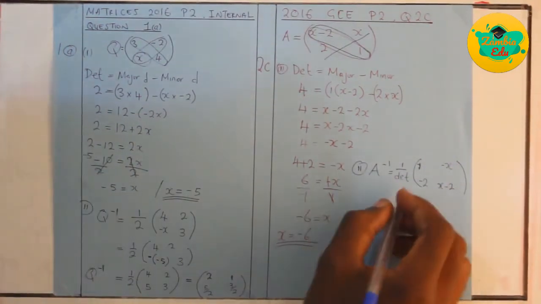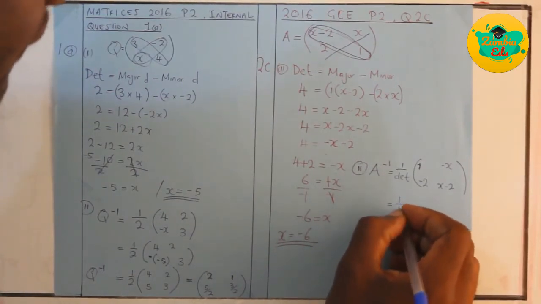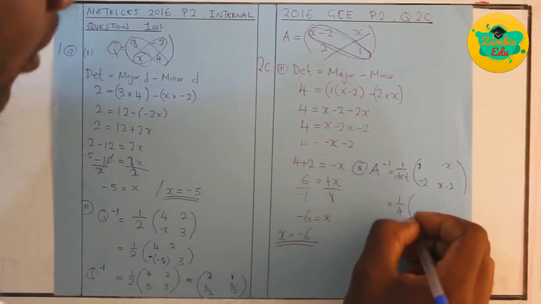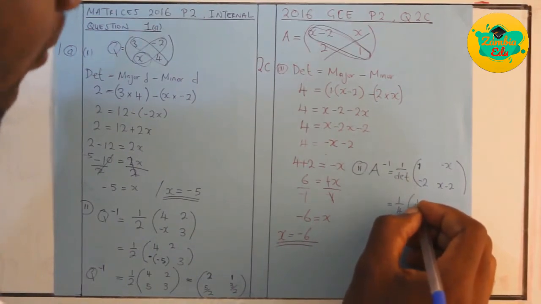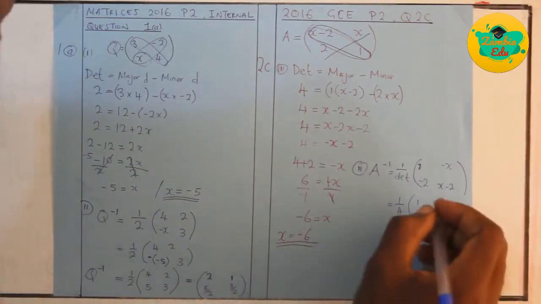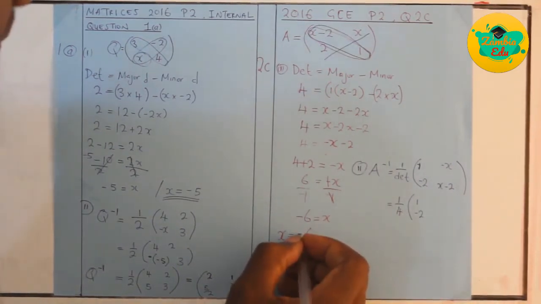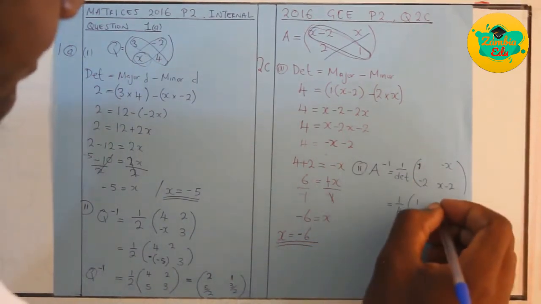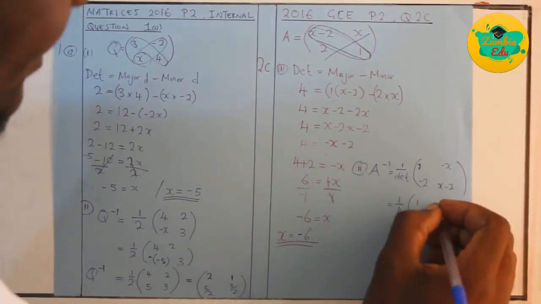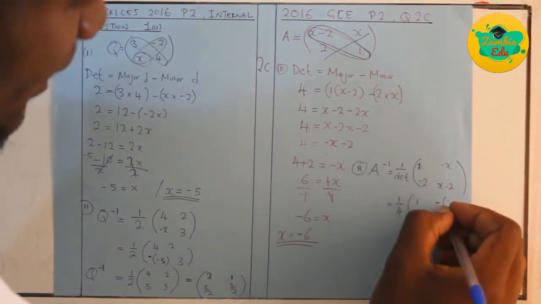So let's just replace that with the values that we already know. So it's 1 over 4, that's our determinant. Open brackets, 1, negative 2. The value of x is negative 6, so there is negative x, this is that negative on x, open bracket.